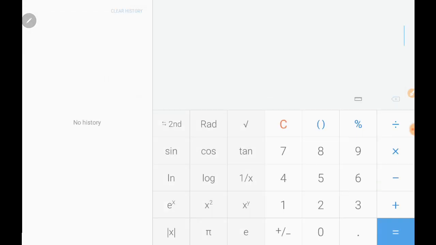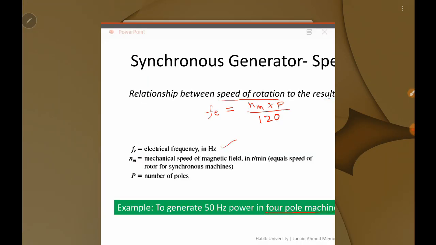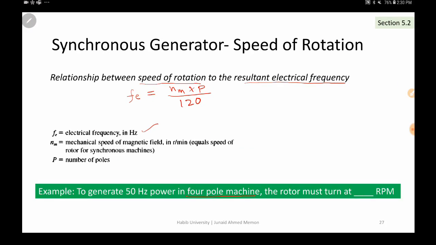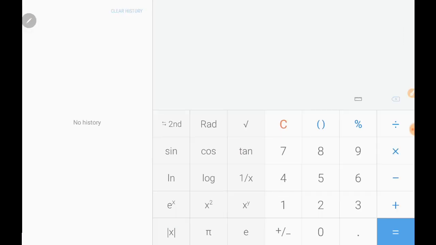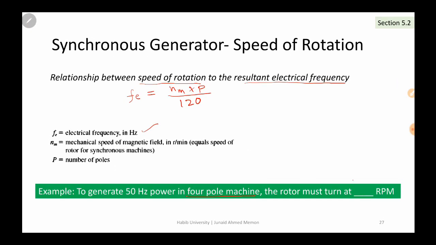So you have 4 poles, so let's see from the equation. Fe is 50 hertz times 120 divided by the number of poles, which gives 1500 RPM. So it means that our rotors should rotate at 1500 rpm, and our turbine should be capable of rotating the synchronous generator up to 1500 rpm.